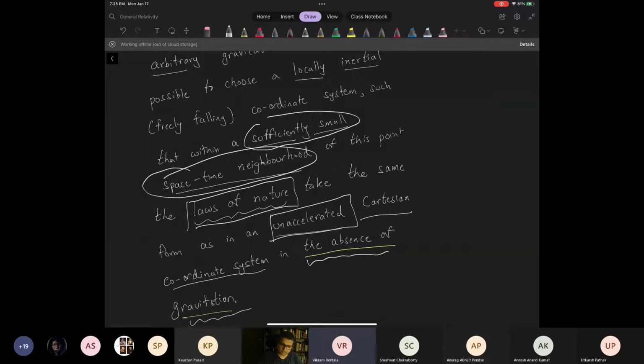So the second part is laws of nature which take the same form as in an unaccelerated Cartesian coordinate system in the absence of gravity.